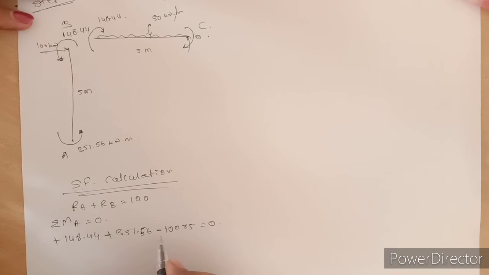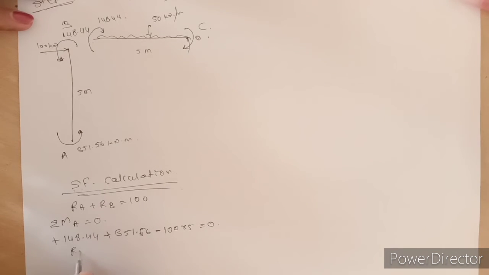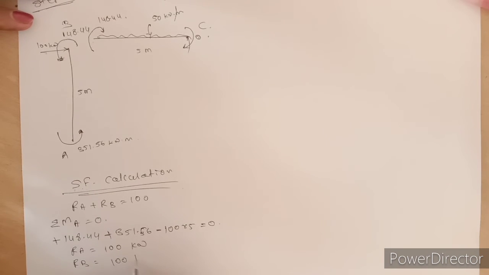So RA is equal to 100 kilonewton and RB is also 100 kilonewton.